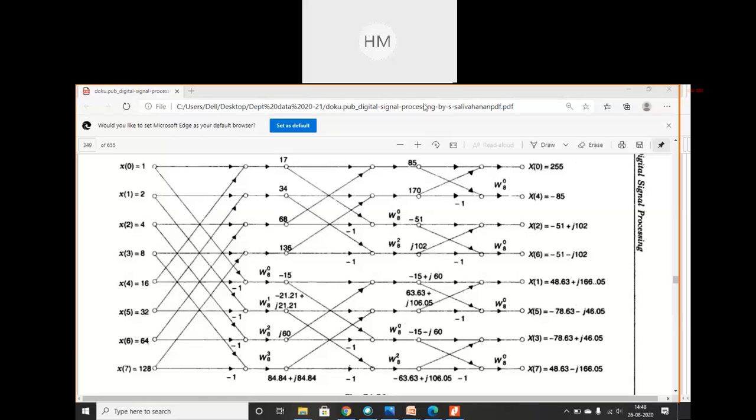X5 बाकी है I think. X5, X6, X7 क्या आ रहा है? X4 -85, right? X6 -51. Just check once the sign of X6. Right, X4, Aditi, Charu.